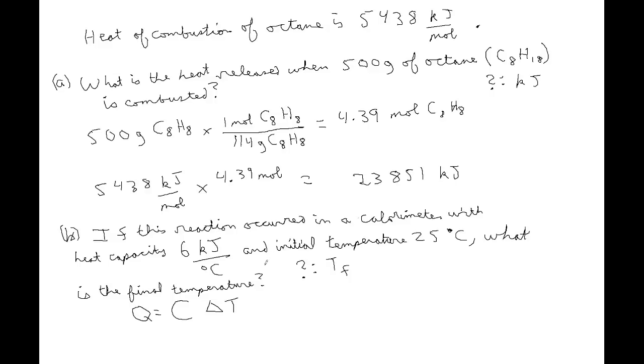So Q of the calorimeter is equal to 6,000 joules per degree Celsius times TF minus TI, which is 25.